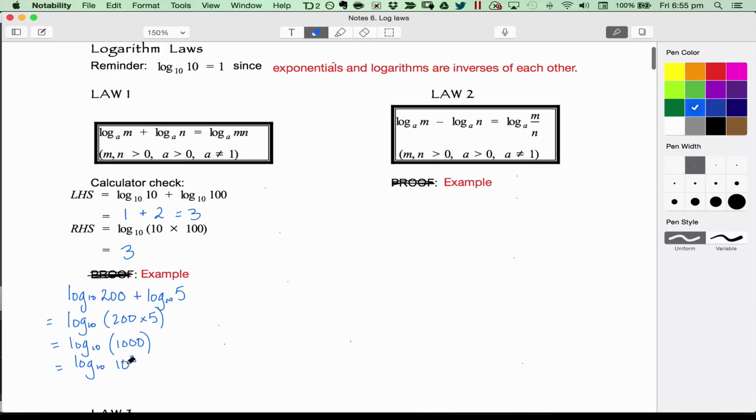So this whole thing cancels to be 1, and we're just left with 3. So this whole problem here simplifies to 3.